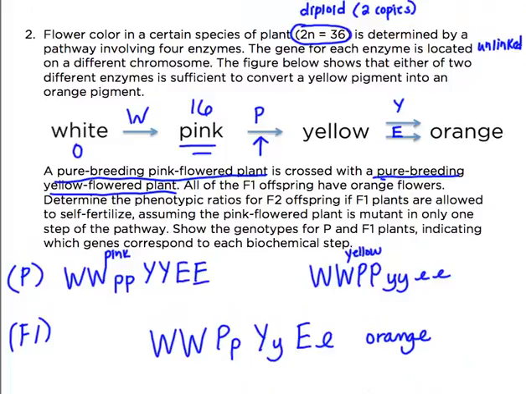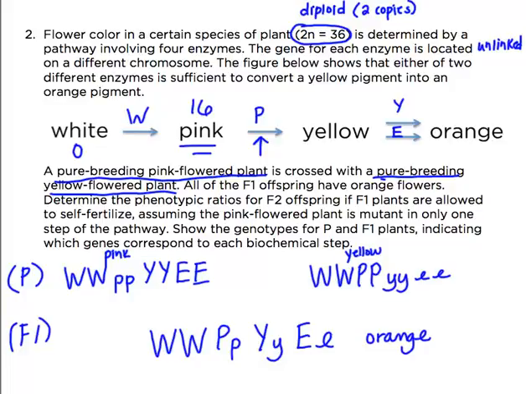Now, once you do have that big P allele and you make gene product P, that means you can at least get to yellow pigmentation. Now, in order to be stuck at yellow, that means you have to be recessive for both Y and E. Because remember, if you don't have E but you do have Y, you can still make the orange pigment. And if you don't have Y but you have E, you can also make the orange pigment.